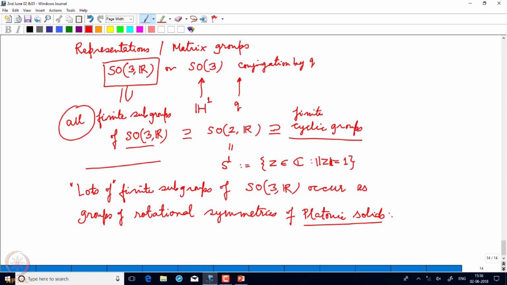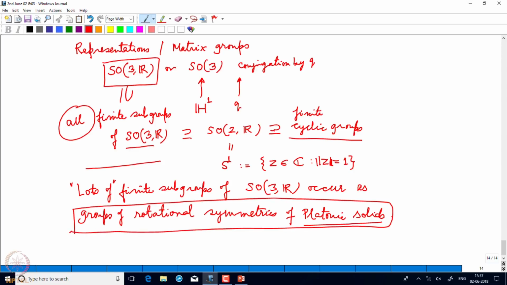I hope you remember what Platonic solids were. I had shown you certain three-dimensional objects. I'll show you again, and that's going to be our first job, our understanding of the groups of rotational symmetries of Platonic solids.